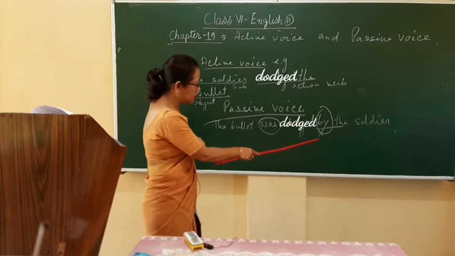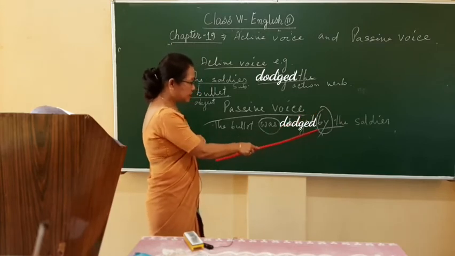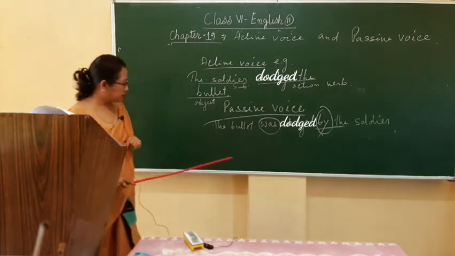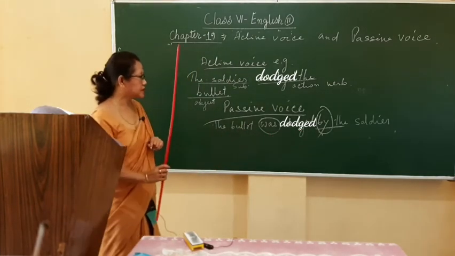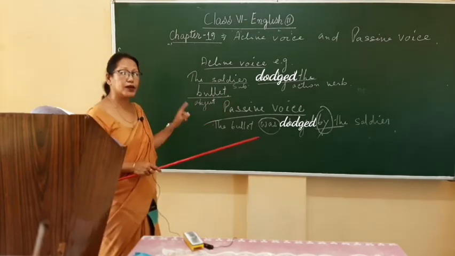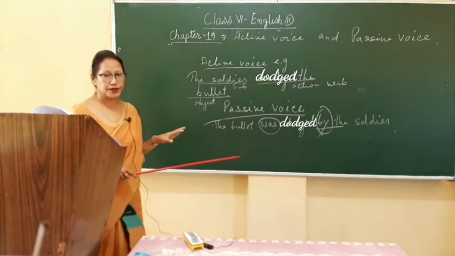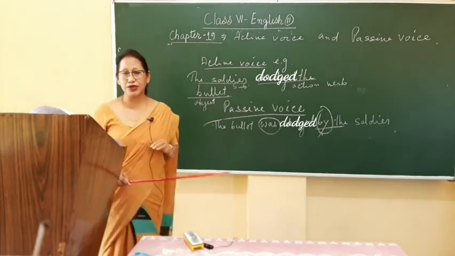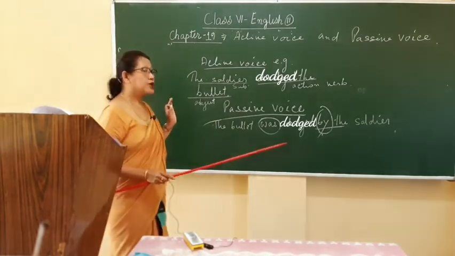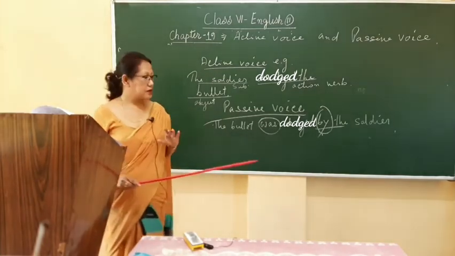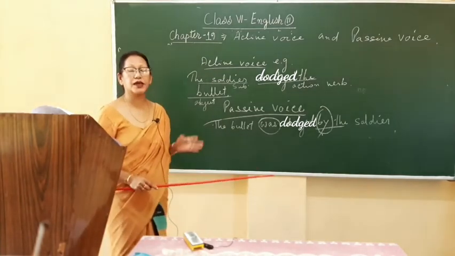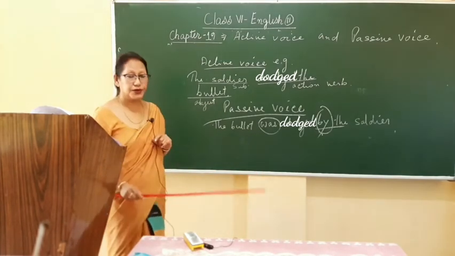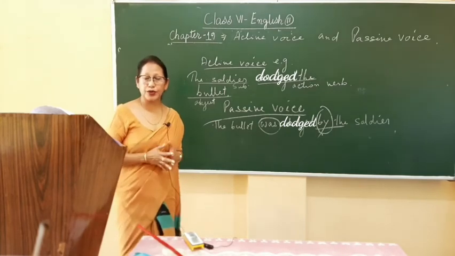With the helping verb, you can make the passive voice. Now see, it's a complete meaning. The bullet was dodged by the soldier. Almost the same meaning, you see. Only the sentence pattern is different. If you follow these rules, children, you will never make any mistake while changing active to passive. Is it clear? I hope it is clear to you.